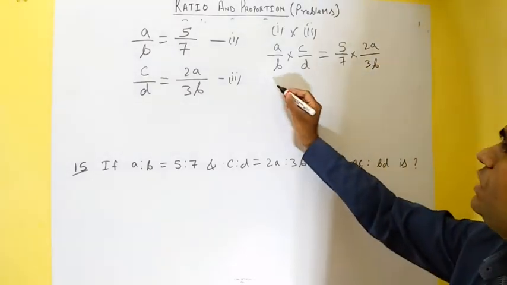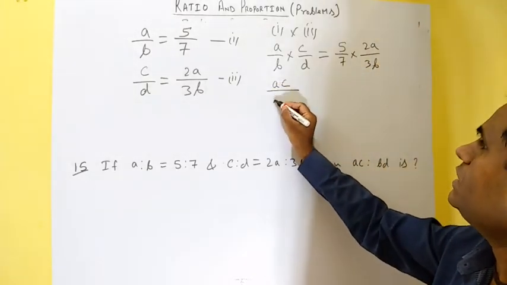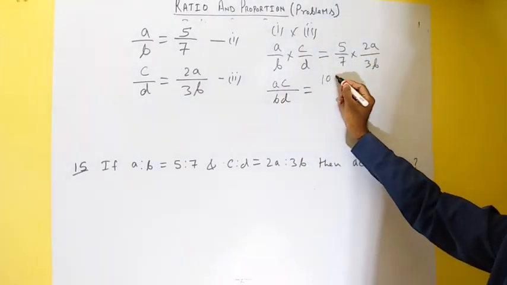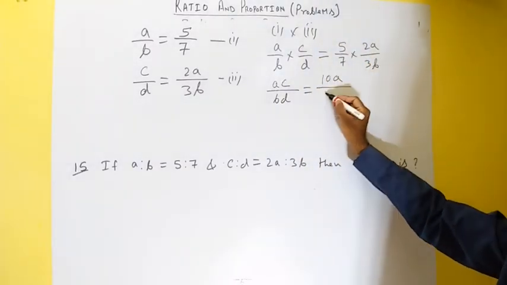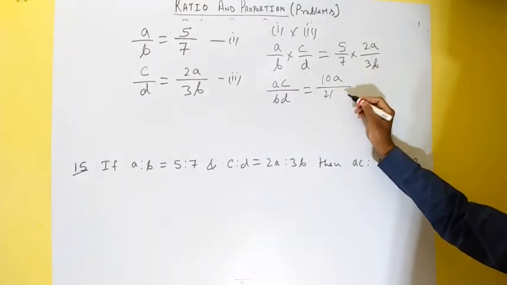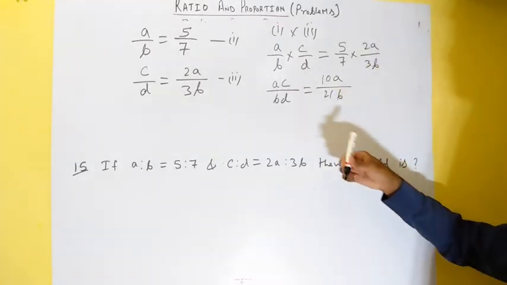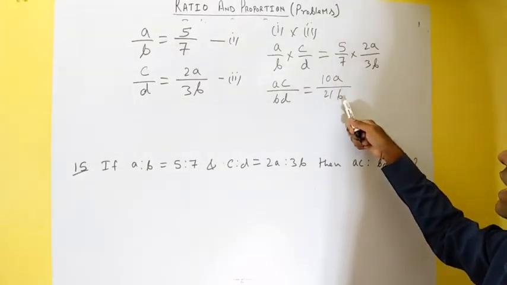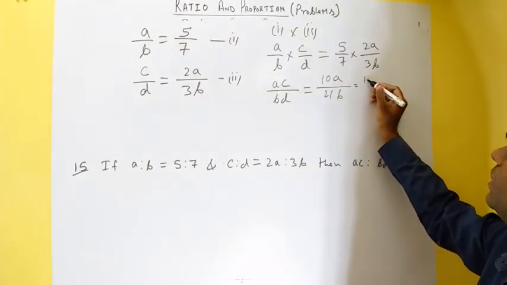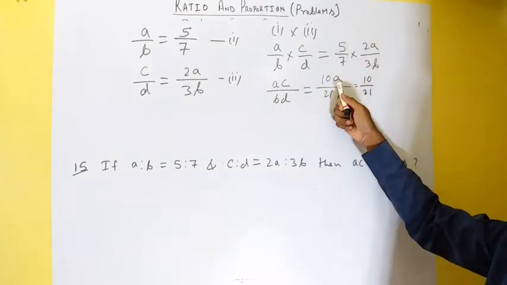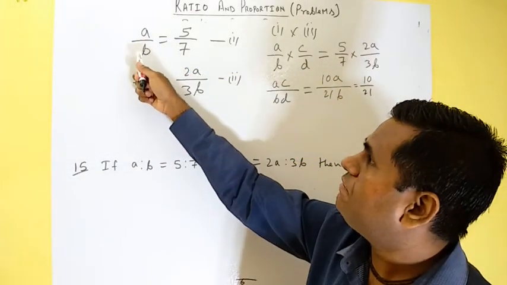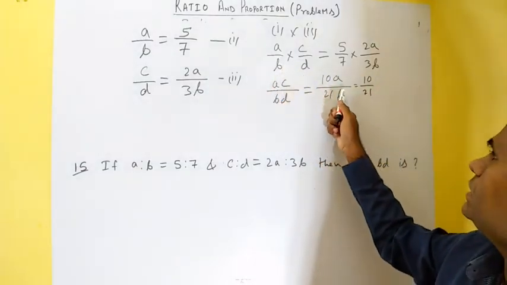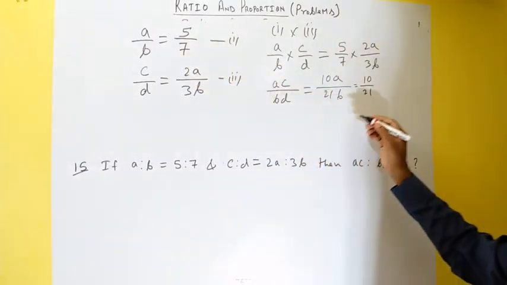So here you can see it will become AC upon BD is equal to 5 into 2A, that is 10A, upon 7 into 3, that is 21B. Now AC upon BD we got it, right? So here A upon B, it will become 10 upon 21, and for A upon B we have it already, value 5 upon 7. So we will replace A upon B with 5 by 7.